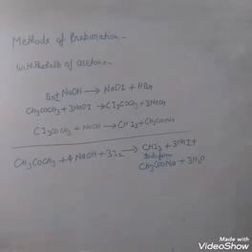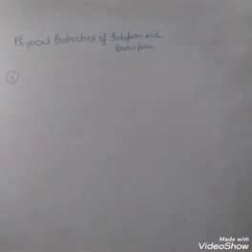Next, some basic physical properties of both iodoform and bromoform. Bromoform is a sweet smelling liquid like chloroform. Its boiling point is 150 degrees Celsius. Iodoform is a foul smelling yellow crystalline solid.